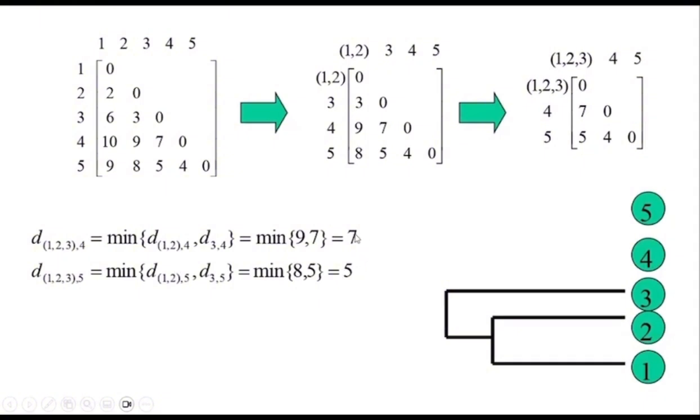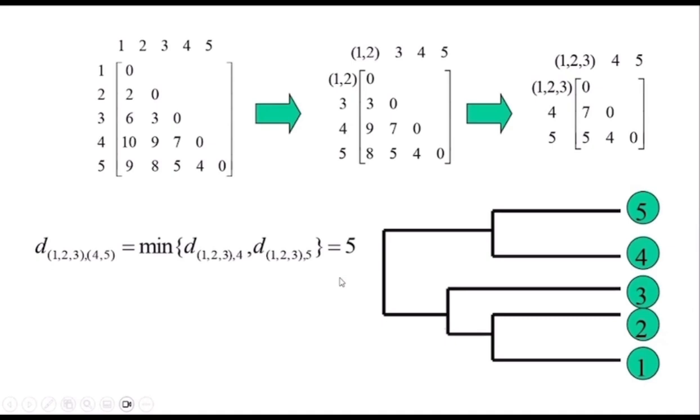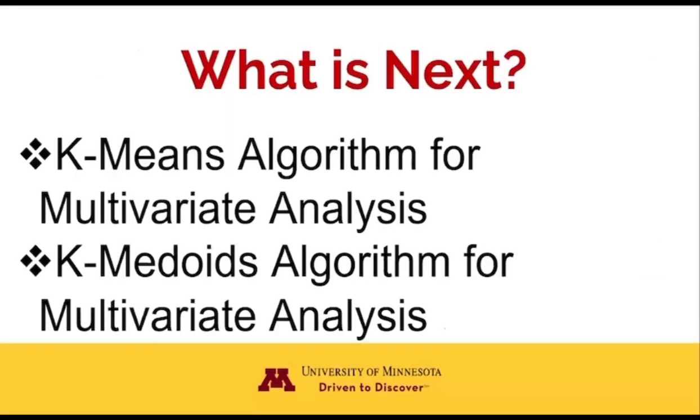The minimum here is 7. The minimum here is 5. Then from there, if we consider 1, 2, 3, 4 and 5, of course the minimum is actually 5. Then we draw the next one. So that was how we have that.